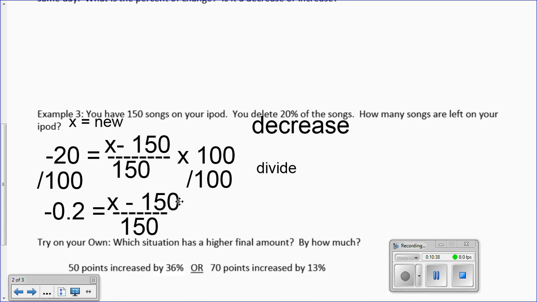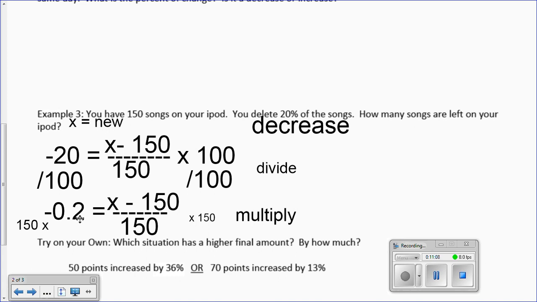Okay? The next thing I would do to get x by itself is to get rid of this 150 on the bottom. Because I can't take away this yet because it's being divided by 150. To undo this divided by 150, I multiply both sides by 150. These cancel out. Same thing happens on the other side because I have to keep it equal.